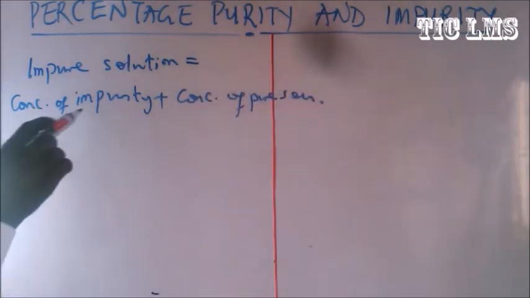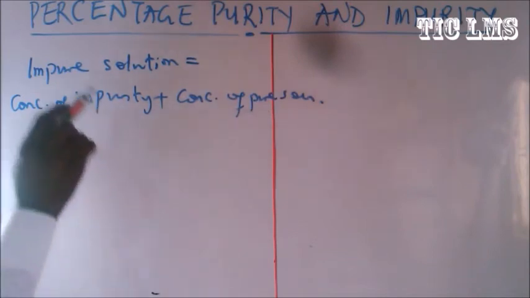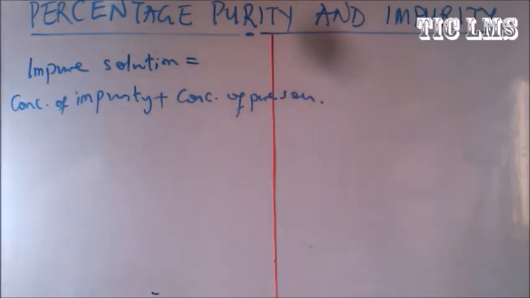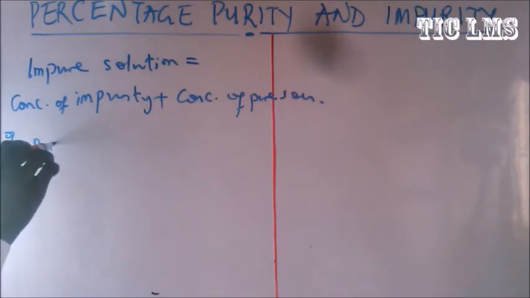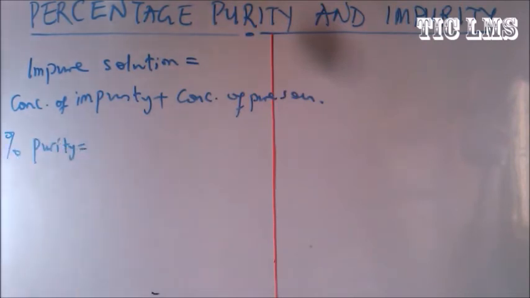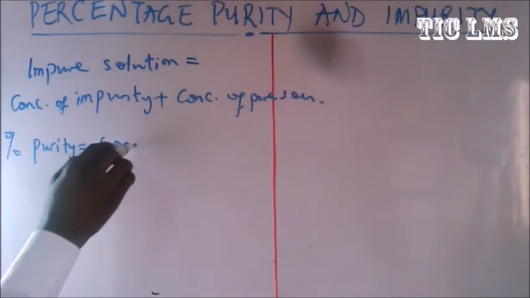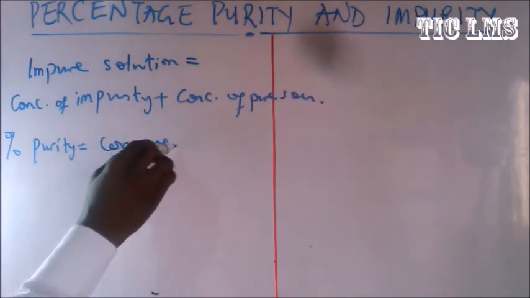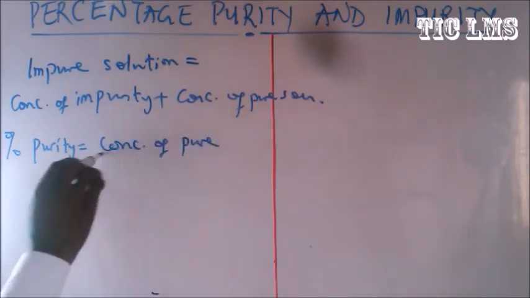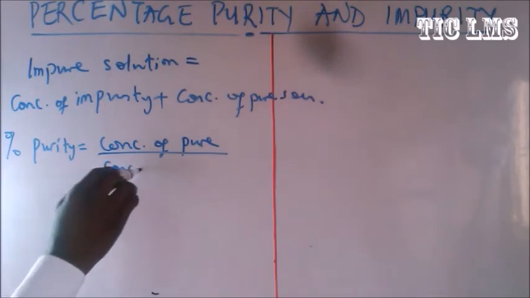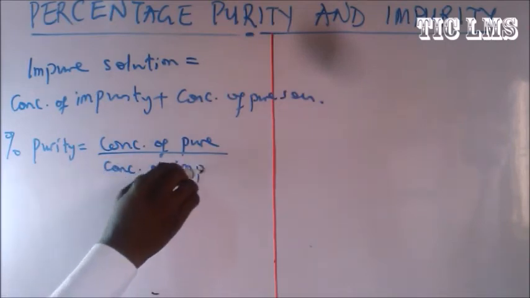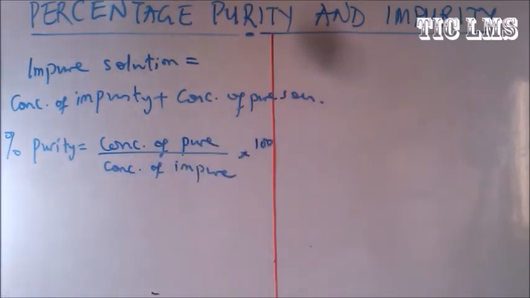So when you add the impurity plus the pure solution, you arrive at the impure solution, and you can calculate the percentage purity by saying that concentration of the pure solution over concentration of impure multiplied by 100.